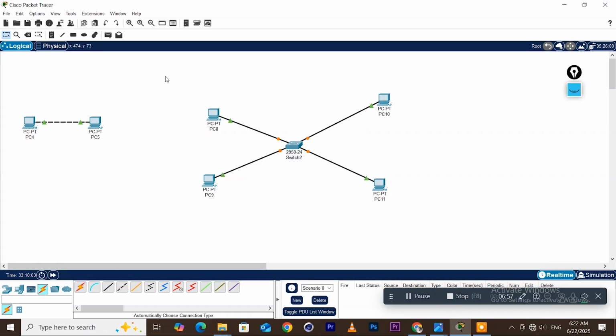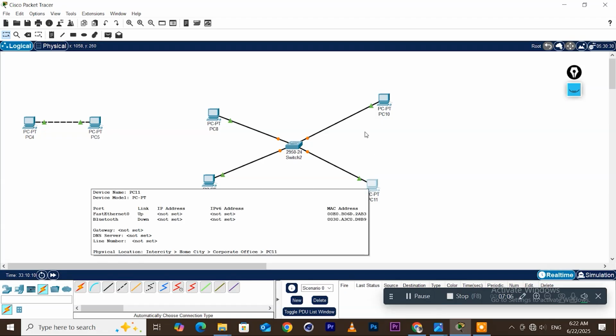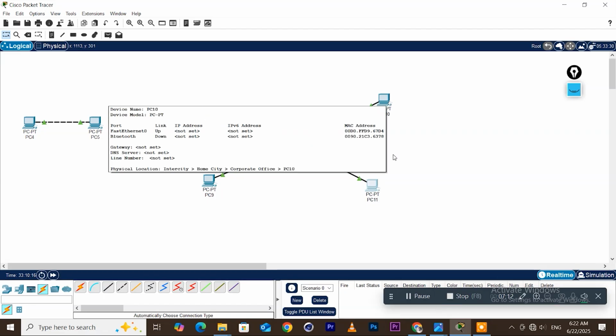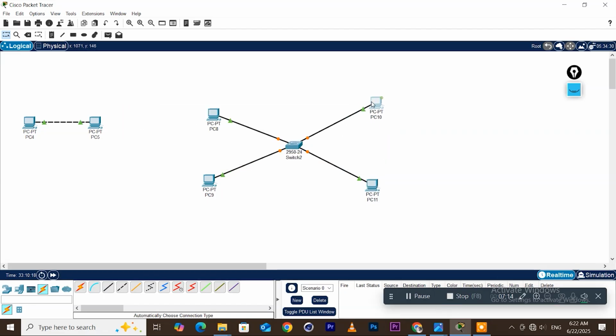Let's say we are in an office setting, and in that office we have four computers that need to communicate with each other or share resources. So we connect them like this on a switch.